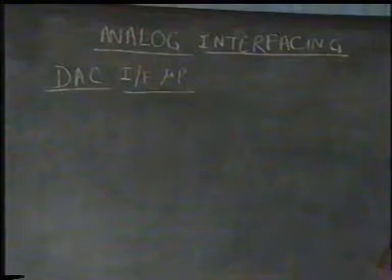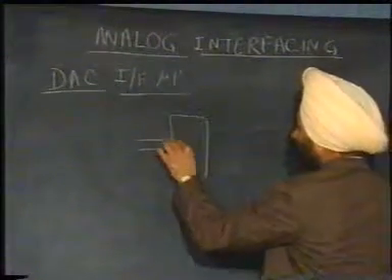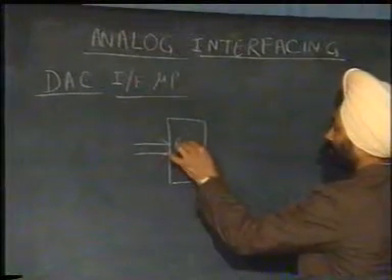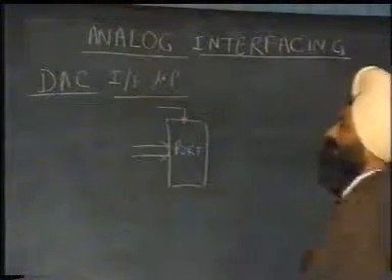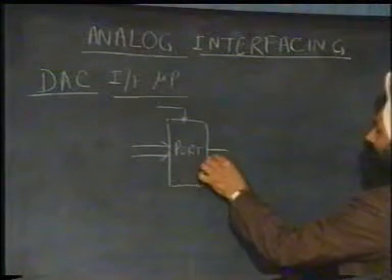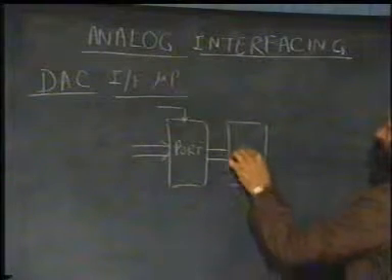Now in this case, the microprocessor has to write the data through its data bus into a port. Of course, it sends the port enable signal by address decoding and other control signals. Then this digital sample held in this port is presented to the D2A converter.